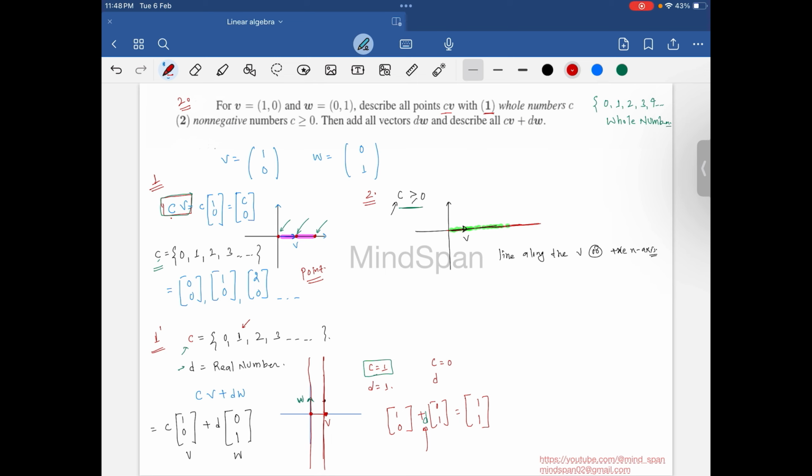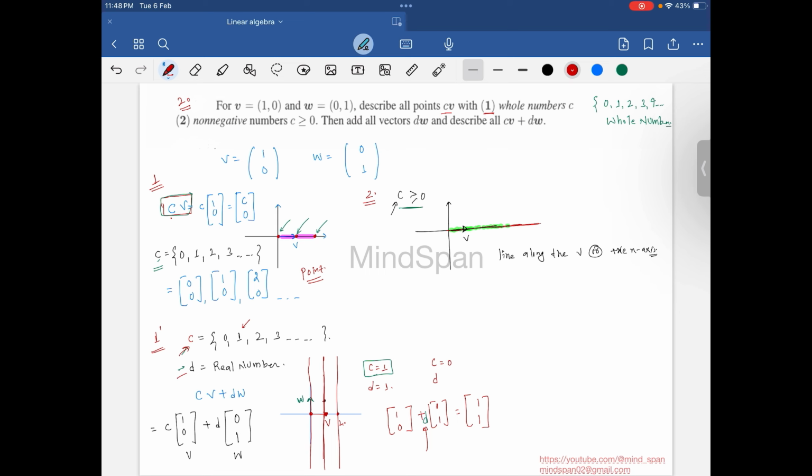Similarly we can get a line that will be passing through the point (2, 0), and we will have this line. So how can I describe the space of this particular combination of c and d?